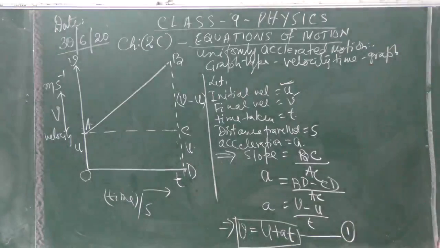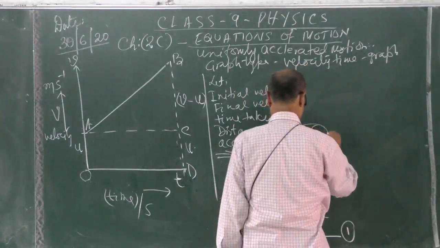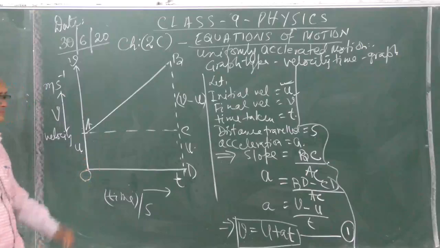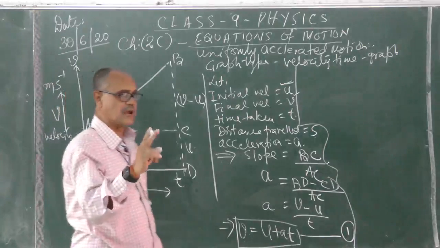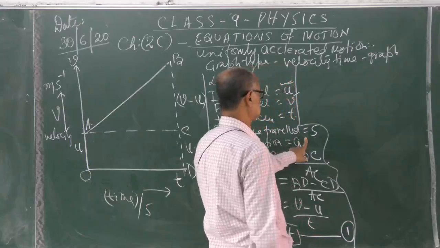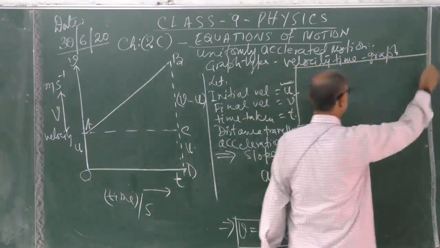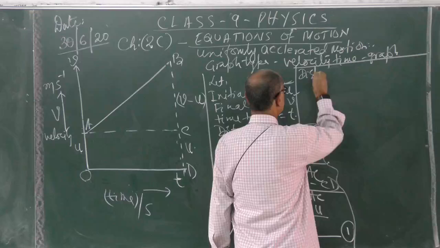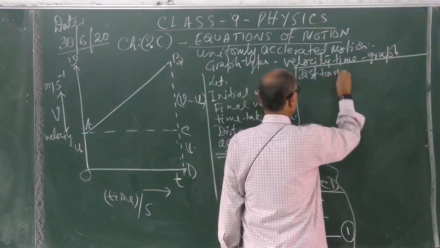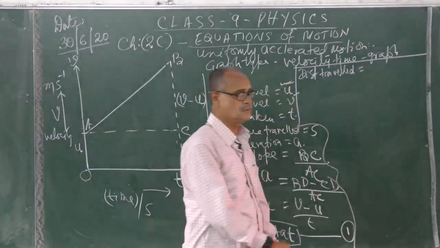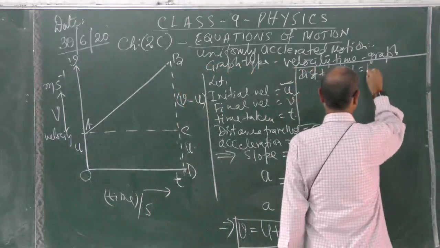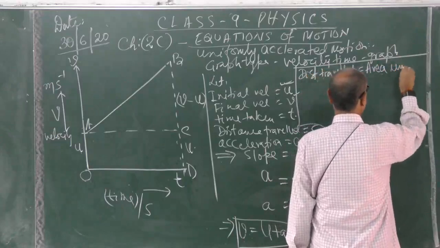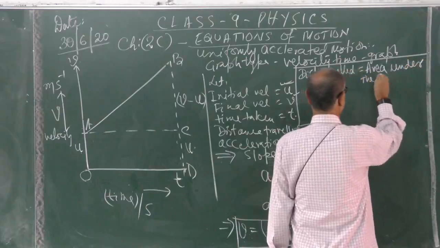We move on. The information taken here is in the same diagram. In the same diagram here, distance traveled, I have just given a symbol here as S. So distance traveled is the area under the graph.